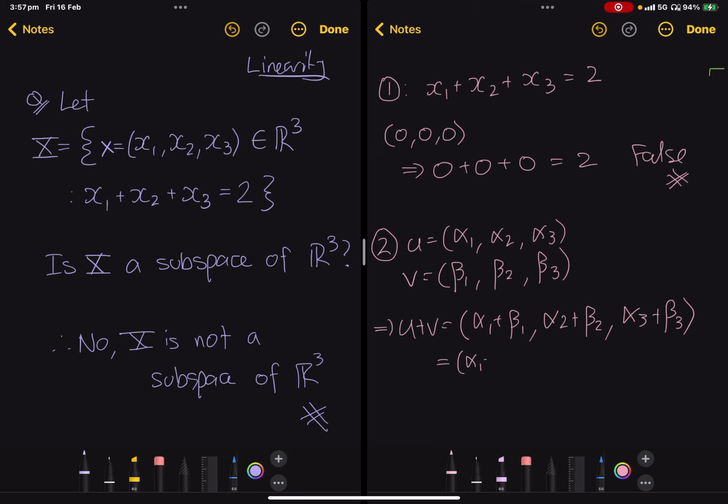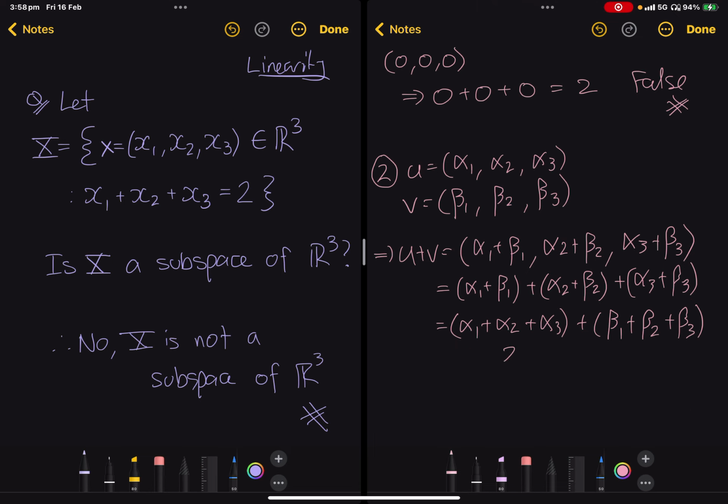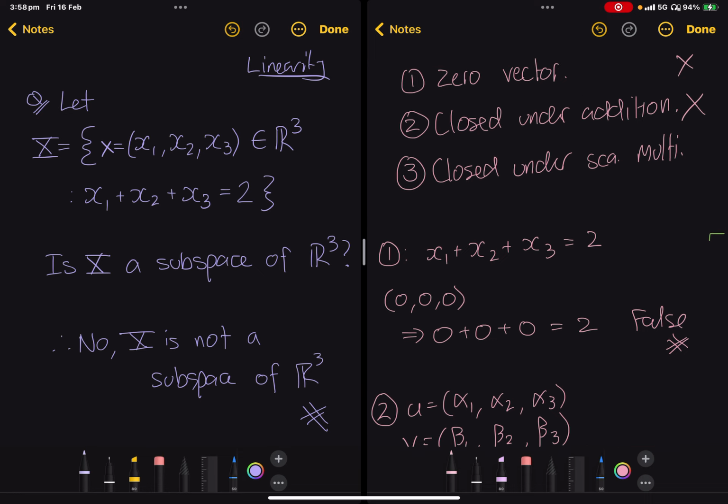So this implies that alpha 1 + beta 1 + alpha 2 + beta 2 + alpha 3 + beta 3 has to be equal to 2, but this is equal to alpha 1 + alpha 2 + alpha 3 + beta 1 + beta 2 + beta 3. And we know each of these individually is 2. The sum of these two things is apparently equal to 2. No, this is false.